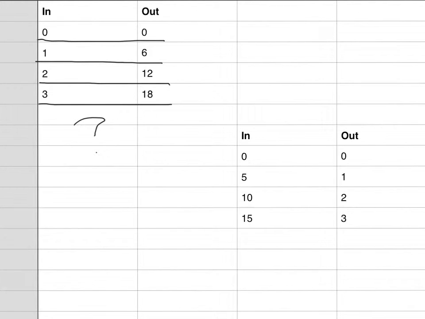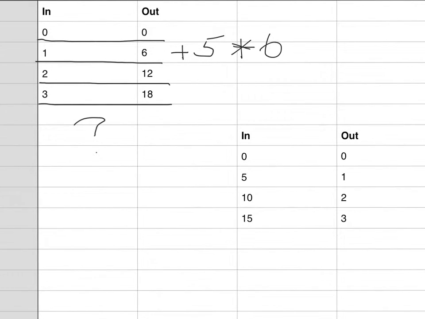So if I look at this one here, 0 in, 0 out doesn't tell me anything. 1 in, out 6. I see that the difference there is going to be a 5. But I'm also thinking, okay, let me think multiplication. 1 times 6 is equal to 6.